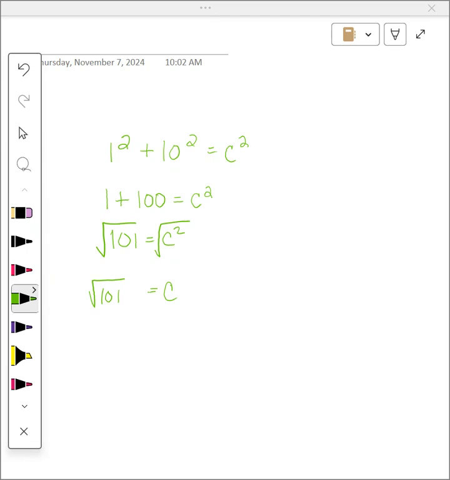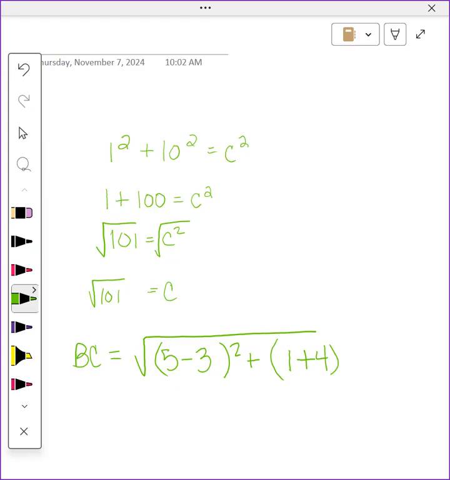Okay. Now I have to find the length of side BC. So for BC, I'm going to use the distance formula. So that means I'm going to find the difference of the x coordinates, 5 minus 3. And then I have to square it. Plus the difference of the y coordinates, 1 minus negative 4. Well, 5 minus 3 is what?